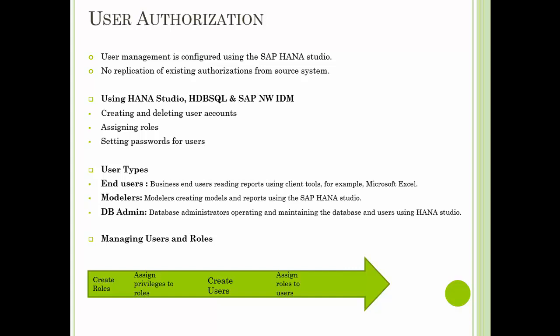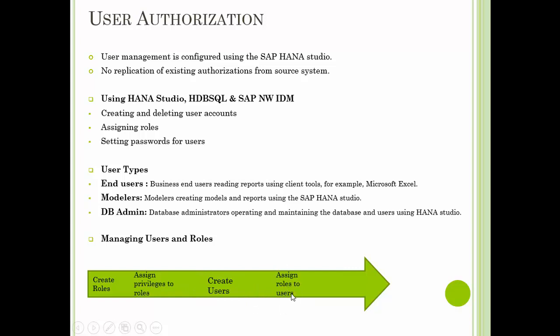Basically this figure shows how roles are created, how privileges are assigned to roles, and then we create users and assign these roles to users. See, the workflow goes like this. First, the roles they require must be created, then the appropriate privileges must be assigned to roles, then create the users, and then assign these roles to users.